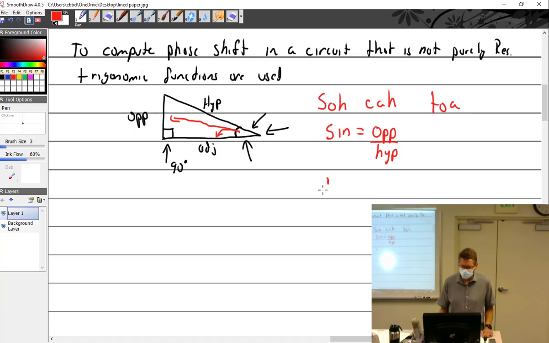Or we're going to use cosine, which is adjacent over hypotenuse. Or tangent, which is opposite divided by adjacent.